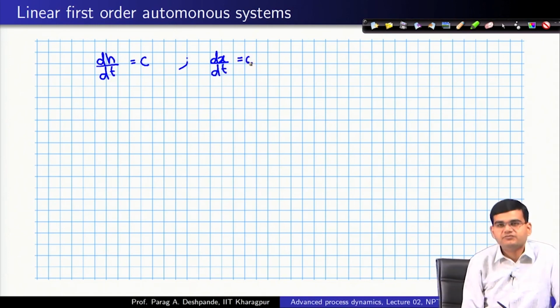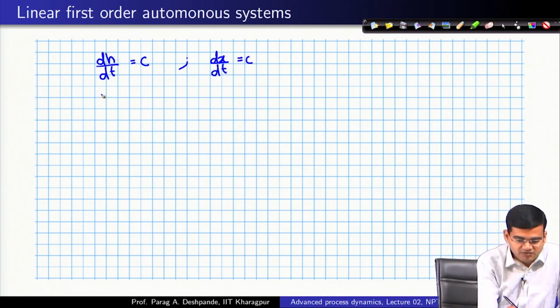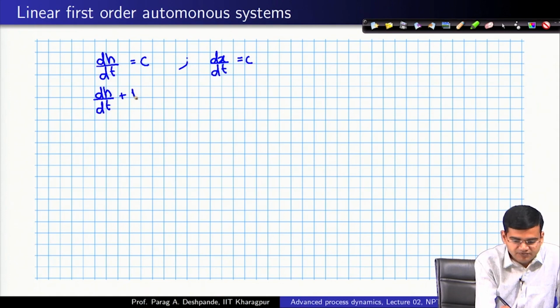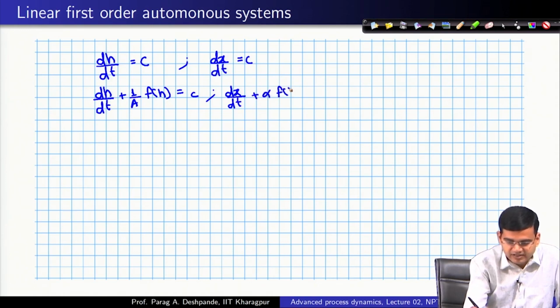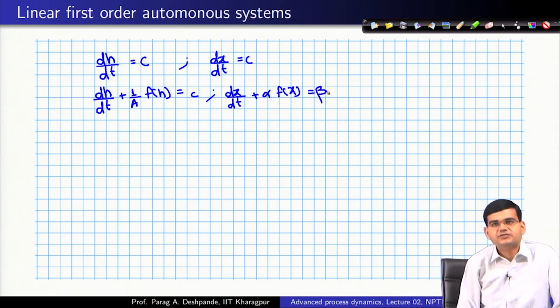Then we saw that dH by dt plus 1 over A f of h is equal to a constant, which is of the form dx by dt plus alpha times f of x is equal to beta. We are redefining different constants.